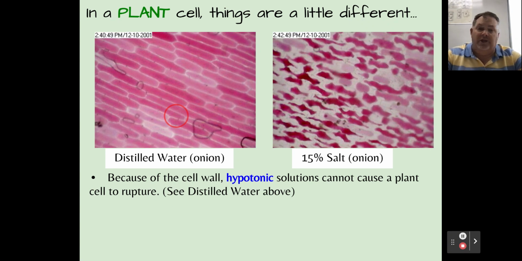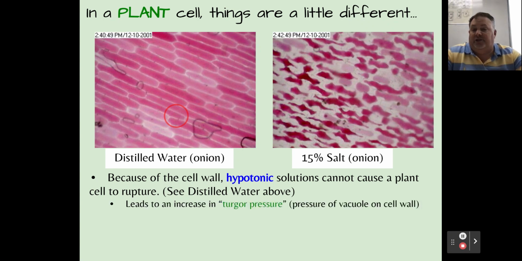But the challenge is that there's a cell wall, and it's unlikely that the cells would break open and explode, or rupture. So that's what we referred to as increasing its turgor pressure.